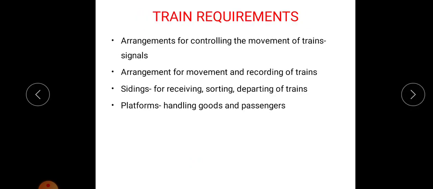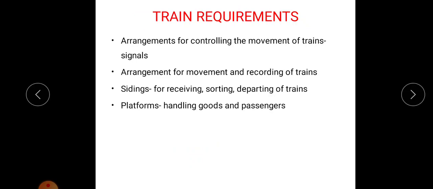Next are the various facilities for control of movement and handling of trains. The requirements for a train include arrangements for controlling the movements of a train by means of signals. There should be proper signals in order to control the movement of trains, and also arrangements for movement and recording of trains, in order to record the movement of the train.